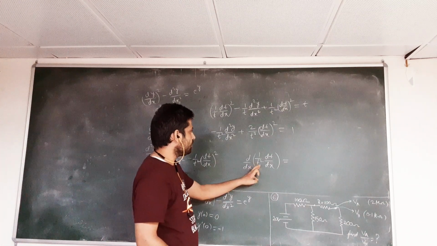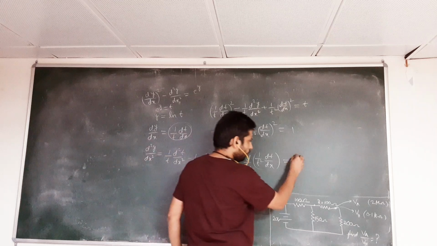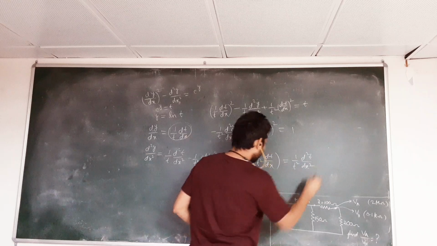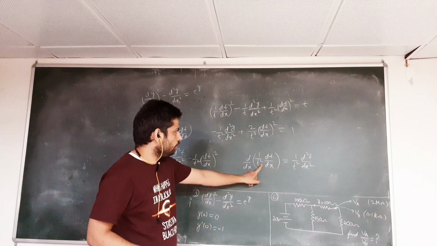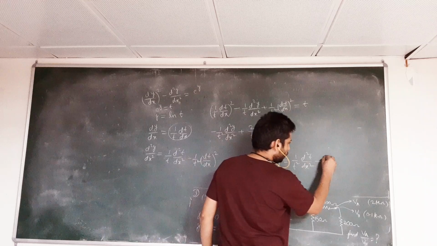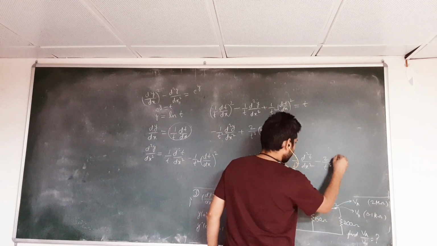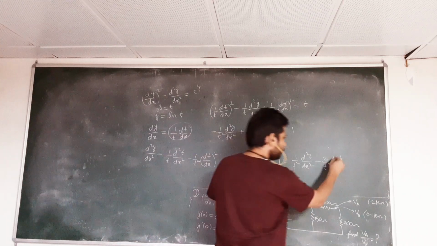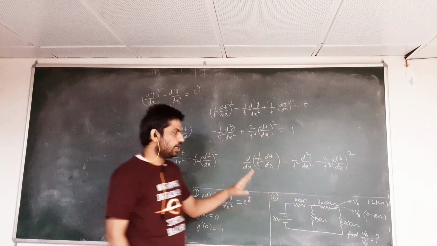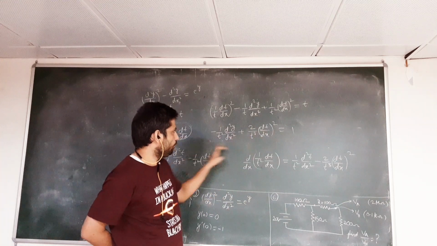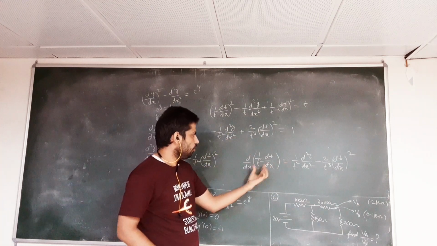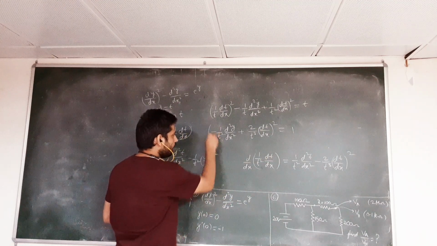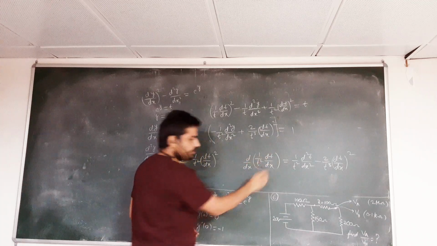Firstly we can consider the t square term as it is, so it will be 1 by t square d2t by dx square, and now we can consider this term, so it will be minus 2 by t cube dt by dx as it is, and we have to take the derivative of dt again, so it will be square. So actually this whole term is a differentiation of 1 by t square dt by dx. So I can put this whole term as negative of this.